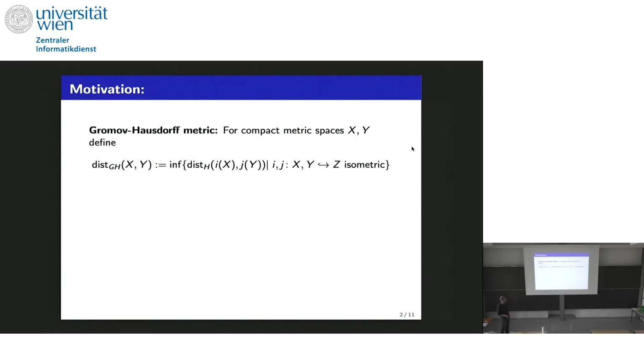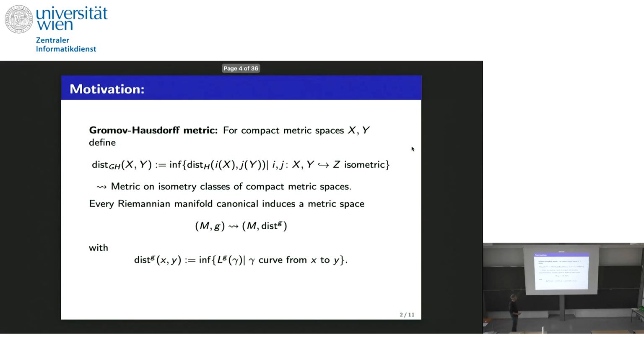That's a distance, and it's actually a theorem that this is a proper metric on isometry classes of compact metric spaces, because isometric spaces will not be distinguished by that. Okay, and what does it have to do with differential geometry? Well, metric spaces are sort of the atomic unit of geometry.